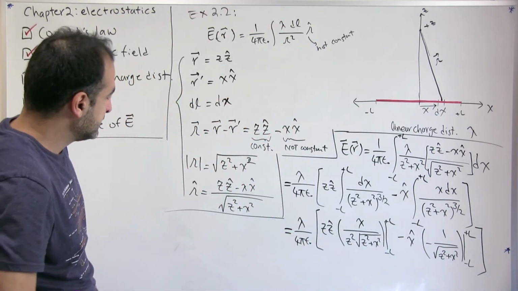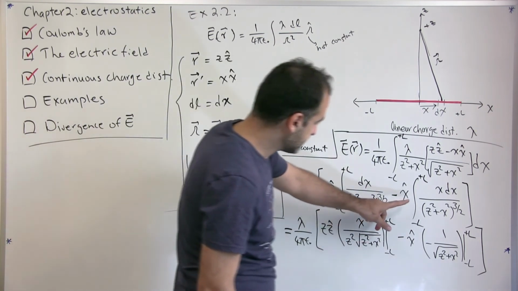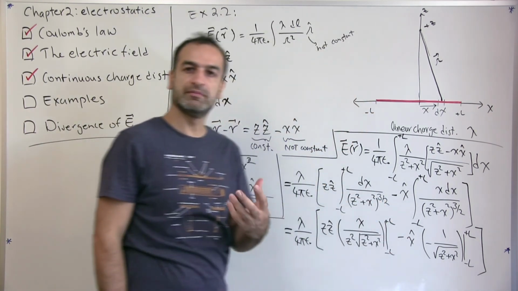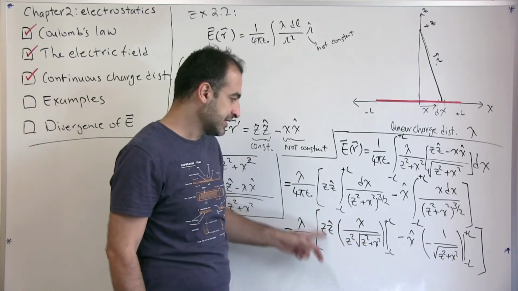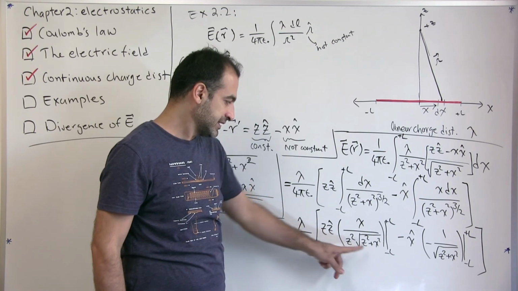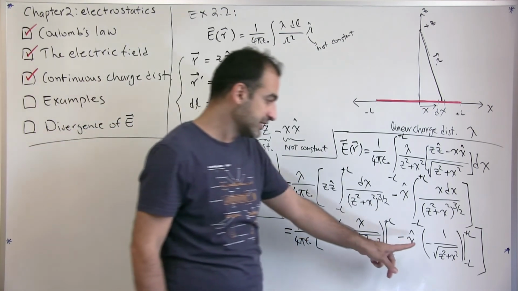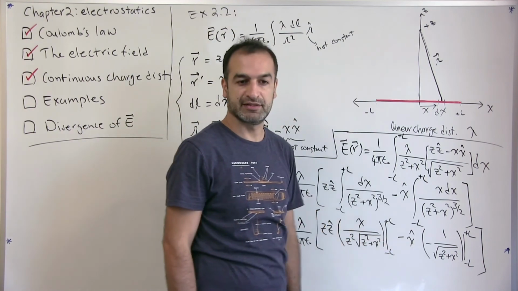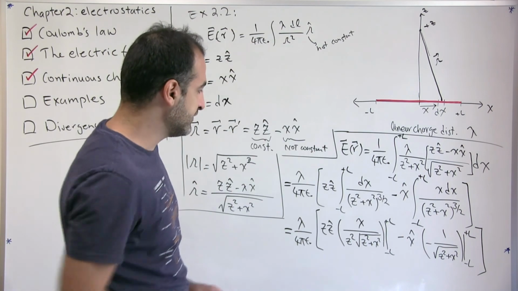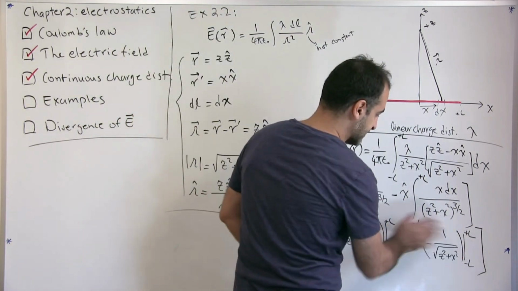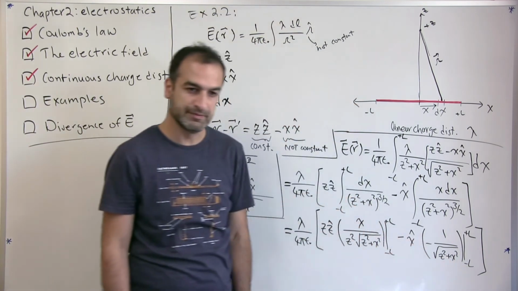As you see, this one has a z hat component, and this one has an x hat component. In terms of what kind of vector field it's going to give me, this term gives a vector in the z hat direction because it's multiplied by z hat. The second one gives a vector in the x hat direction. Even without substituting anything inside, I would say that the second integral must be 0.